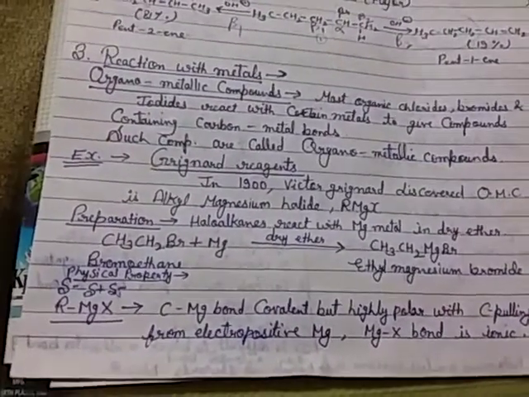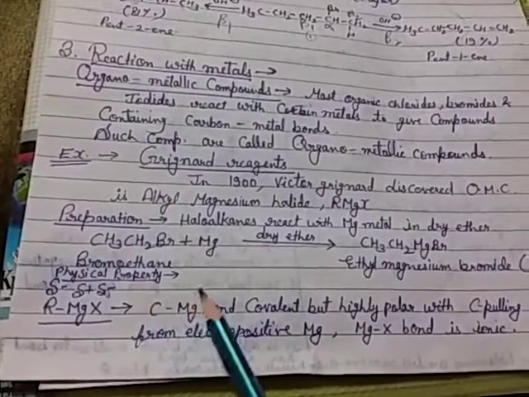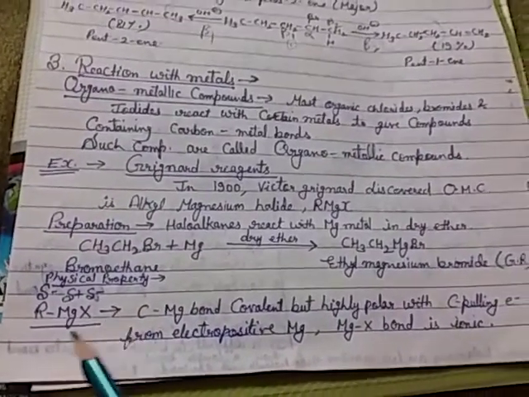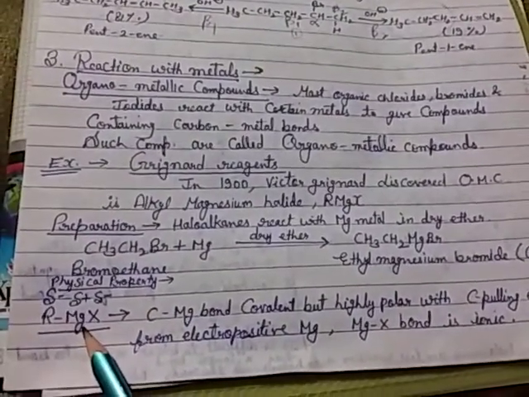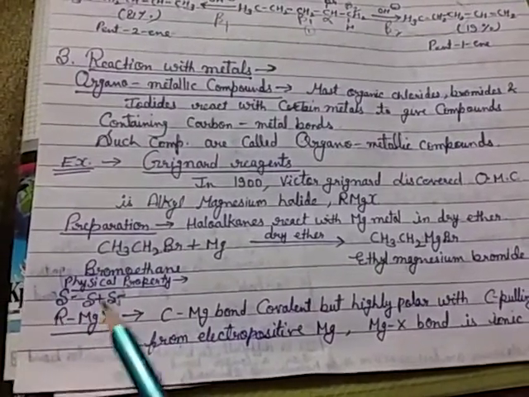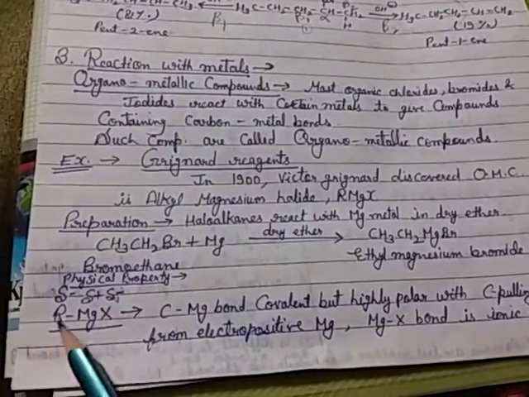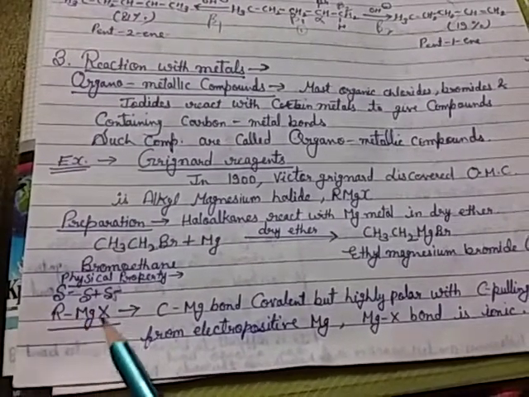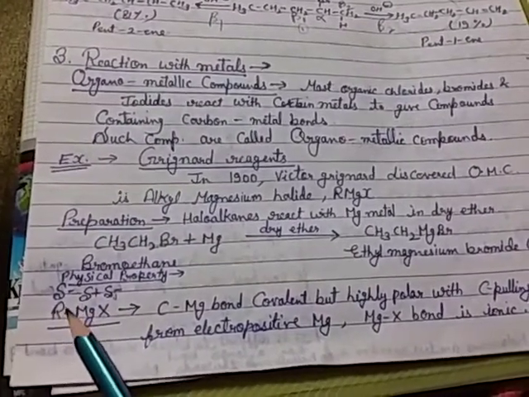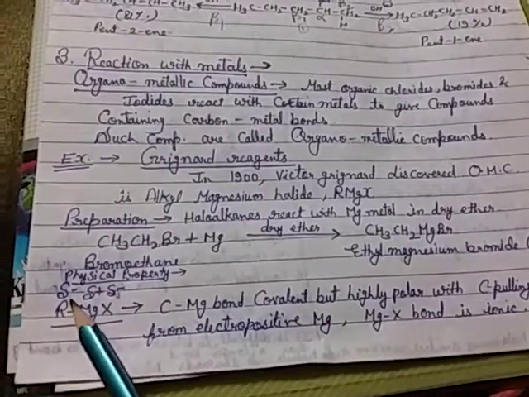RMgX. Now physical properties of RMgX. The Mg metal is delta plus, electropositive, the halogen is electronegative, and the alkyl group, because it is attached to the metal, is delta negative.